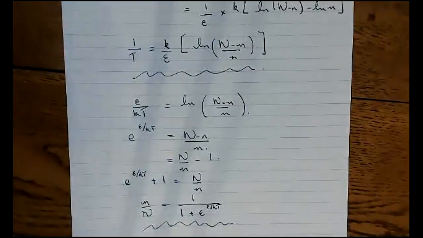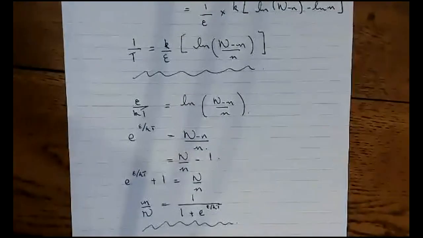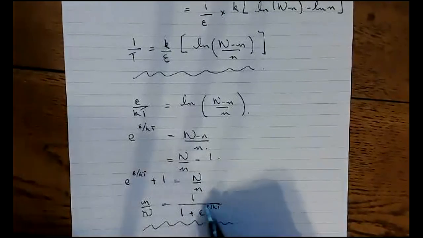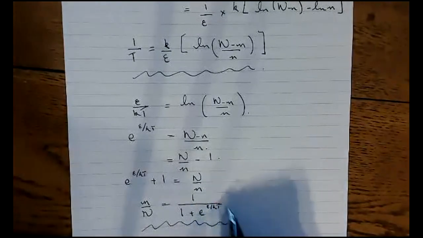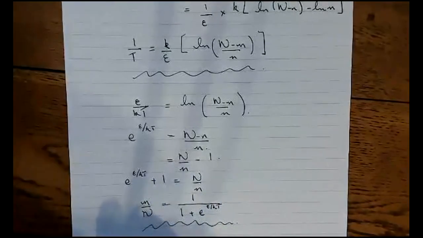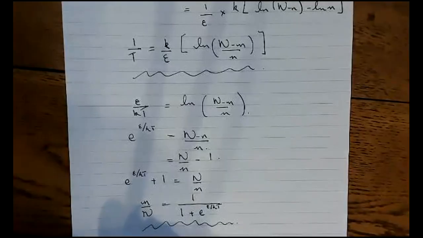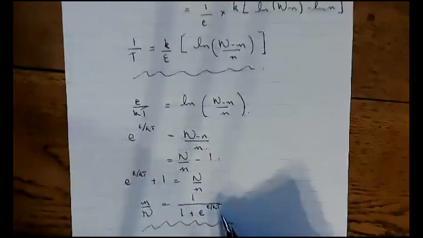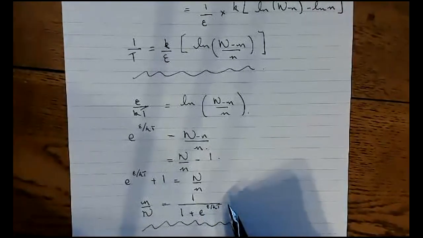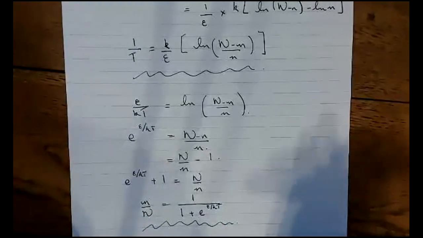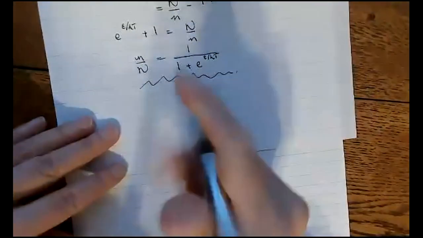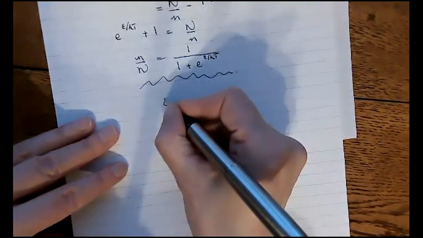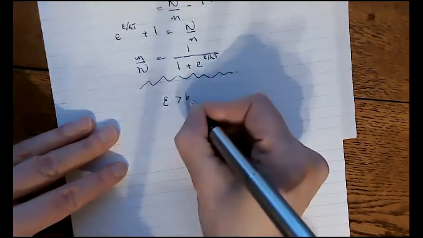Fantastic. Now, let's think about a situation where this exponential term is far, far bigger than 1. And this is going to be the case whenever epsilon is very much bigger than kT. So if we take that limit, let's think about what happens. So we're saying that little epsilon is bigger than kT.